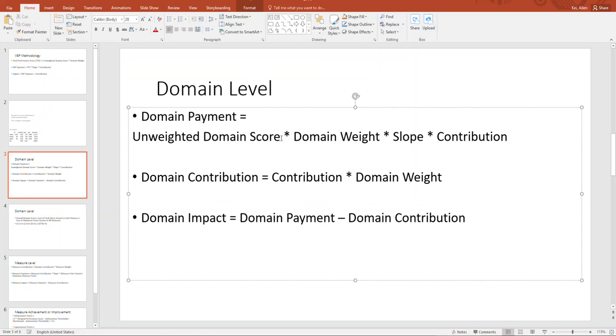You multiply by the domain's weight, and the contribution is also what you contribute to the program, and for each domain you just multiply by the weight. So let's say you contribute $1,000 to the program, and then each domain contributes $250. And then the domain impact is just the domain payment minus the domain contribution.